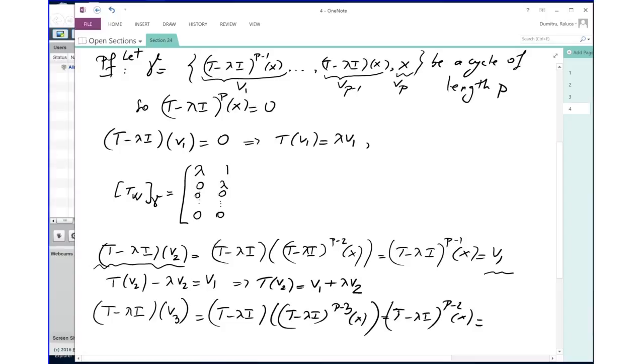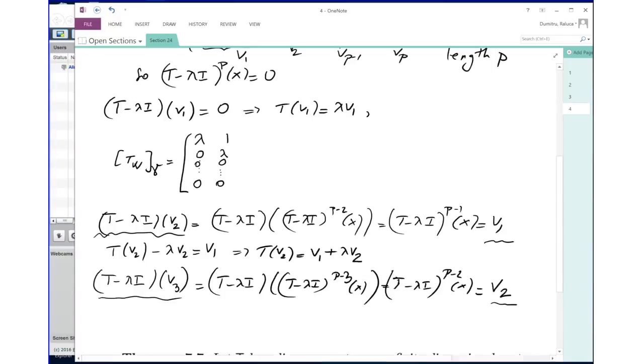But the p minus 2 power of x is what vector from gamma? It's the second vector there, v2. The p minus 2 is the one here. v2. Okay, so T minus lambda identity of v3 is v2.